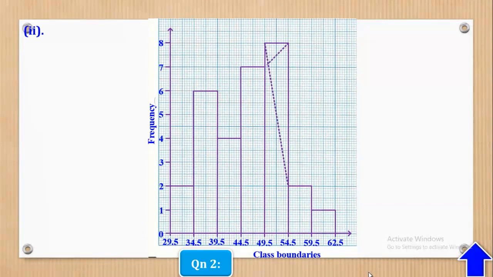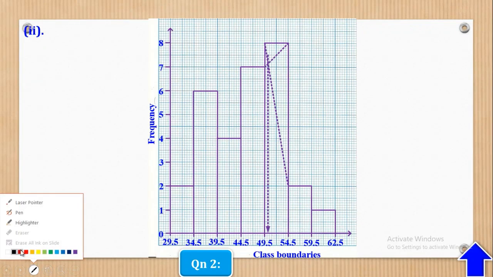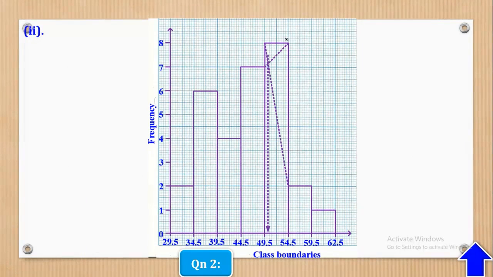So that is our histogram, and now we have to use it to estimate the mode. To estimate, I have to draw lines from the highest bar. This is our modal class, so from this corner to this corner I'll draw a line, then also from this corner to this corner I draw another line. Now at the point of intersection, we drop a perpendicular to meet the horizontal axis.